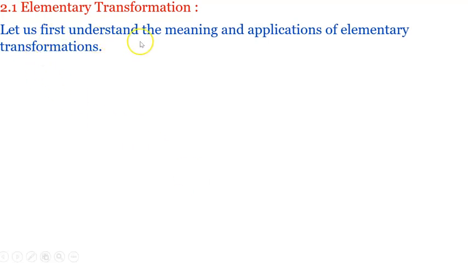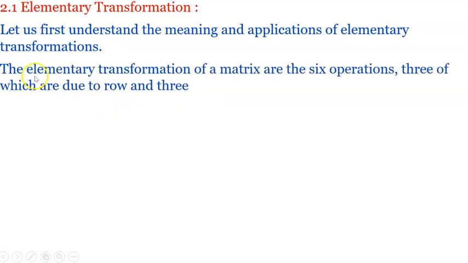Let us first understand the meaning of elementary transformation. The elementary transformations of a matrix are six operations, three of which are due to rows and three are due to columns.